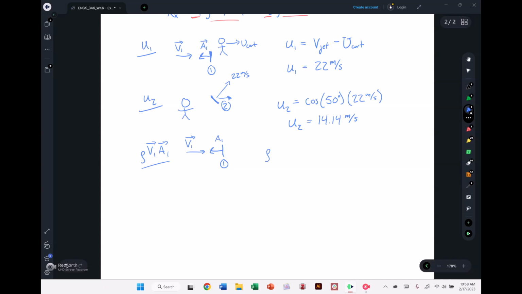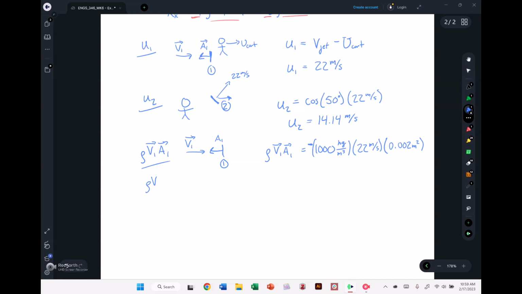So this is rho V1 A1: our density, which is the density of water, 1,000 kilograms per meter cubed, times our speed, 22 meters per second, times the area, which is 0.002 meters squared. And this dot product gets us a negative sign out front because the velocity and area are pointed in different directions.